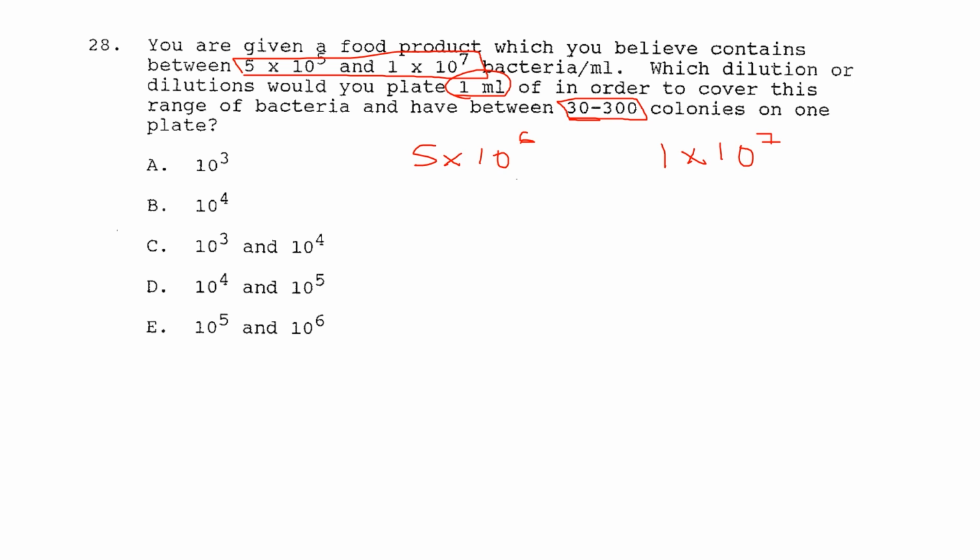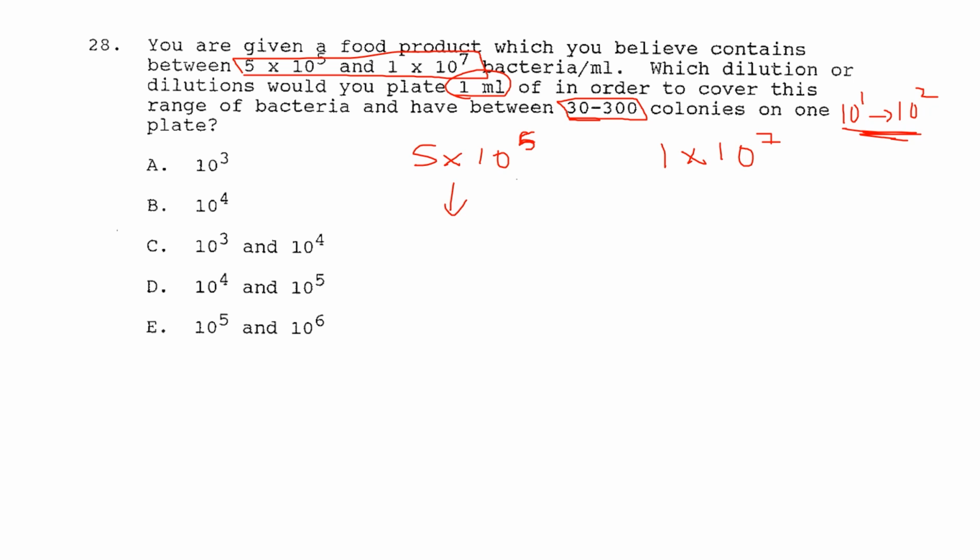So it's very similar to 26. We have 5 times 10 to the 5th here, so if we want to be within this 30 to 300 range, we need to be between 10 to the 1st and 10 to the 2nd for our final CFU per mil.